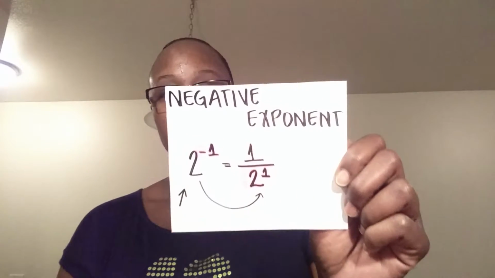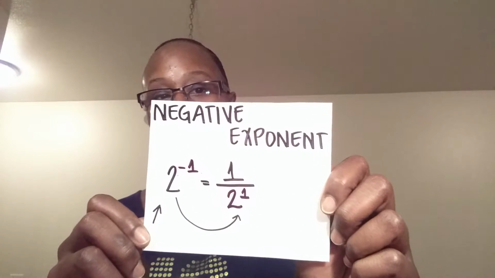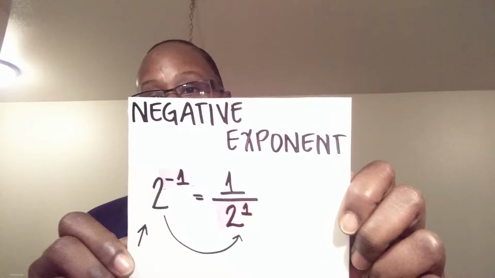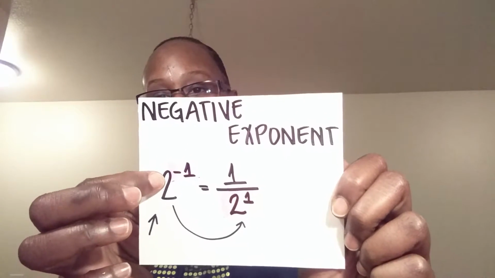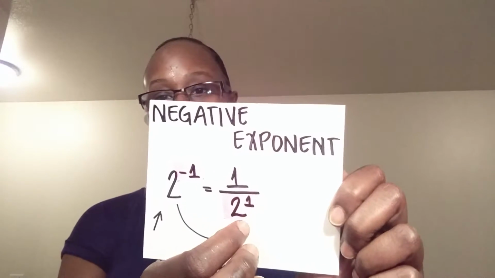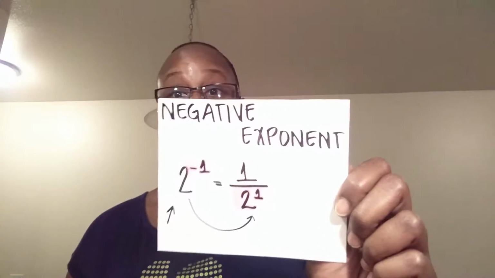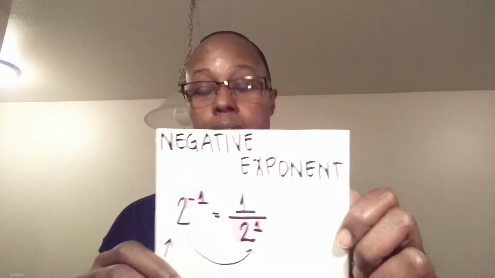That's all you do. So see, this is it. All you do is take this entire number, swing it under a 1. And that's it. That's really very easy with negative exponents.